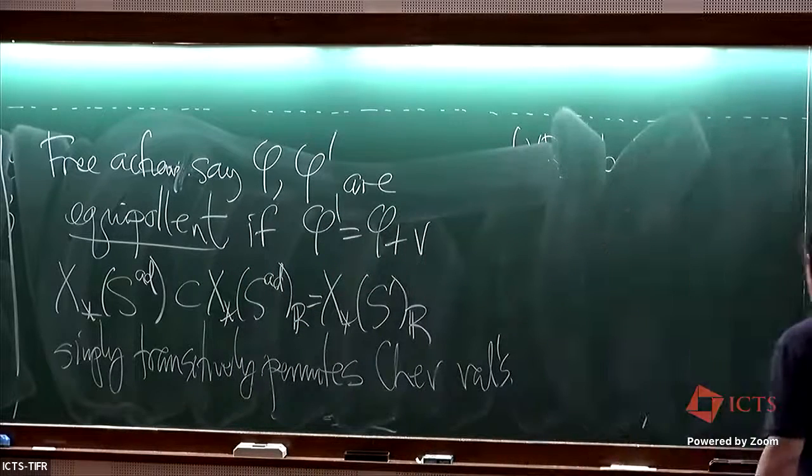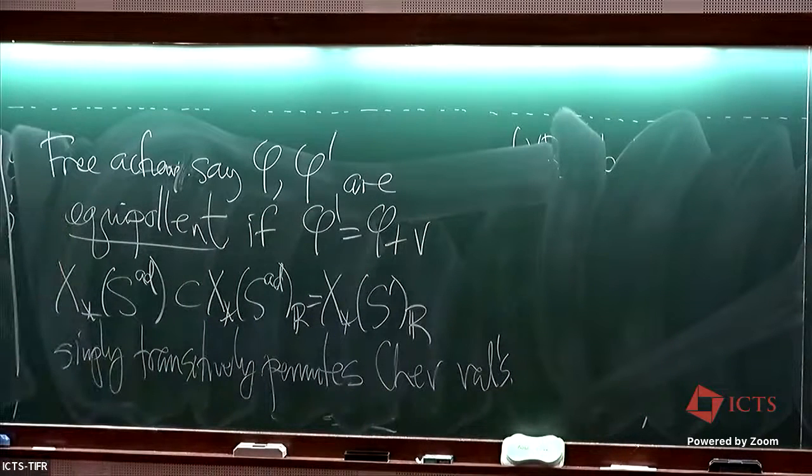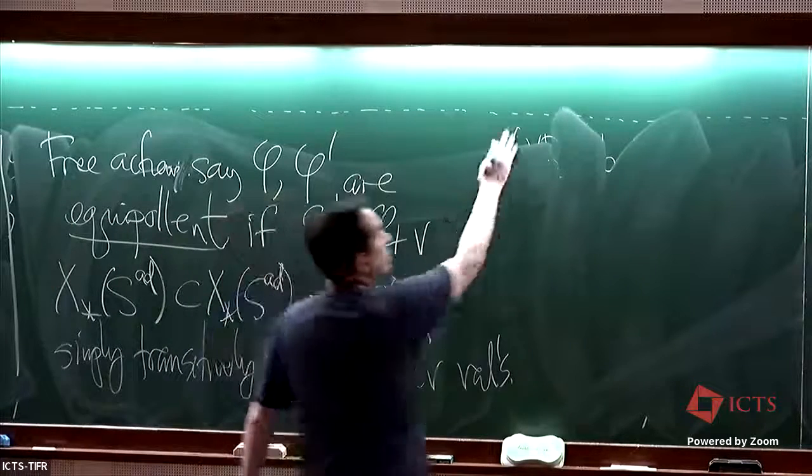Fantastic. So therefore, if we consider the full orbit of the Chevalley valuations under the real vector space, that will certainly contain all the Chevalley valuations. That's some God-given equipollence class. That's what we call the apartment.